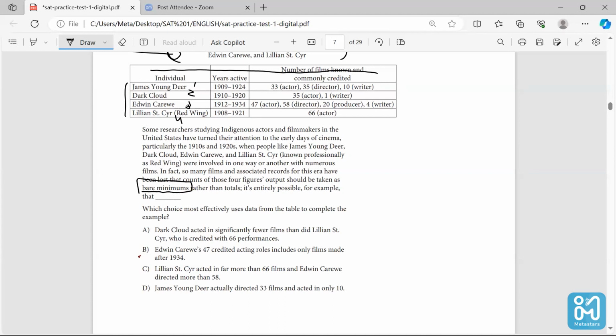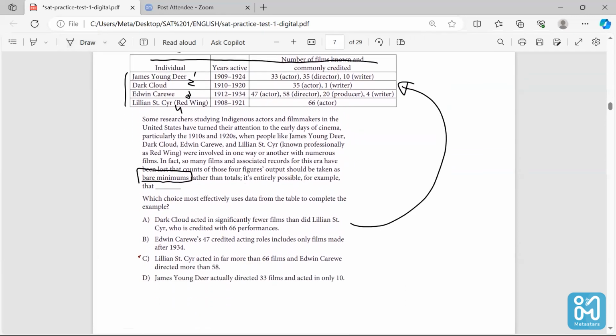I need to pick this one and compare it with the information in the table, to see if it's true or not. I know you're not used to this kind of question because it is hard. But we are doing our best to remember the last sentence. This is called bare minimum.